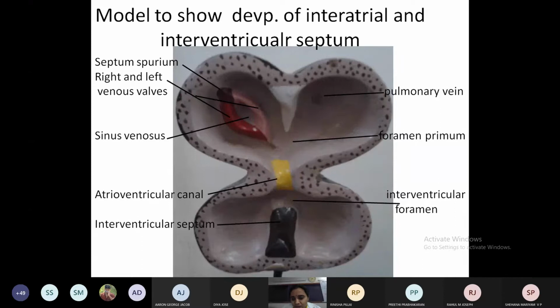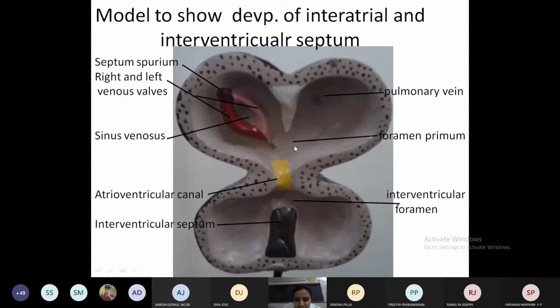This is the model of the heart which we have in our lab. So here we can see the developing four chambers. This is a single atrioventricular canal, the opening of the sinus venosus bounded by the valves, and this is the formation of septum primum, and below is the foramen primum, which allows the flow of blood from right to left.